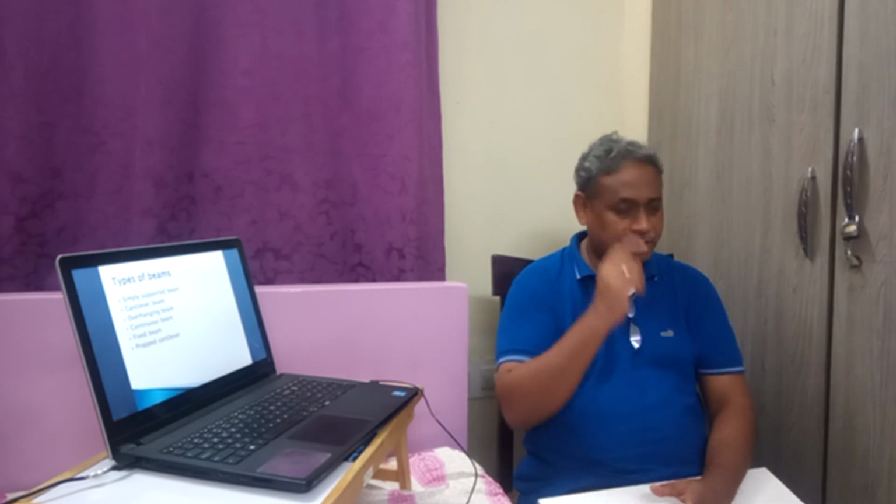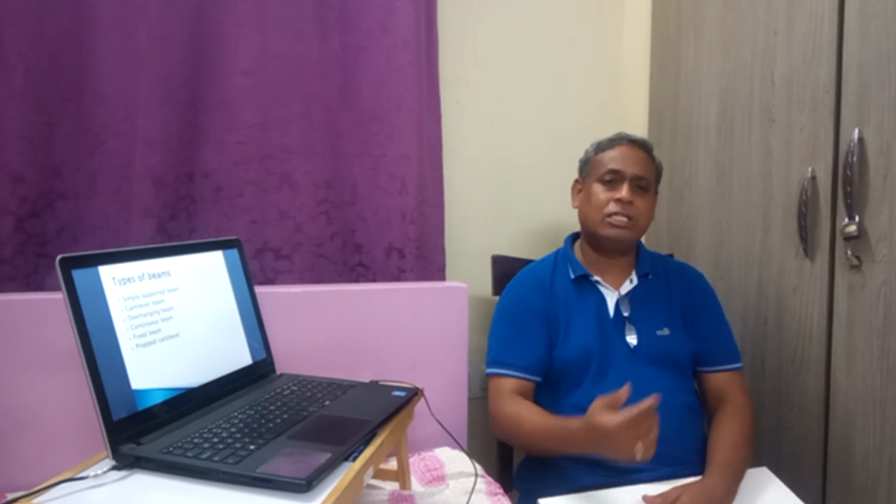In the case of a continuous beam, because it has three supports, we can have three reactions, RA, RB and RC. If there are more supports, then there will be more reactions: three supports, three reactions, four supports, four reactions, and also moments at the intermediate supports. So it comes under the classification of indeterminate beam or redundant beam.